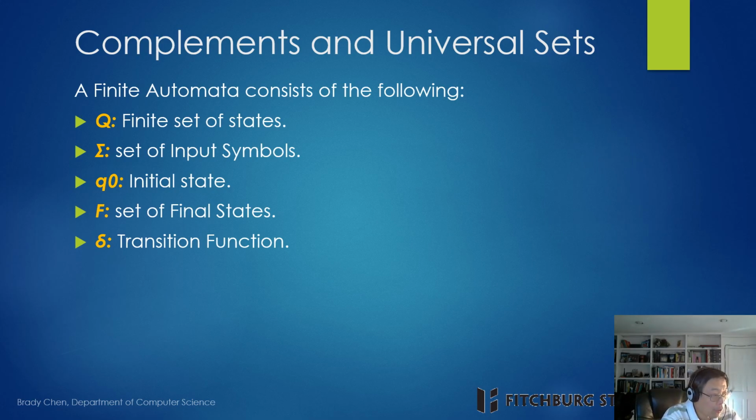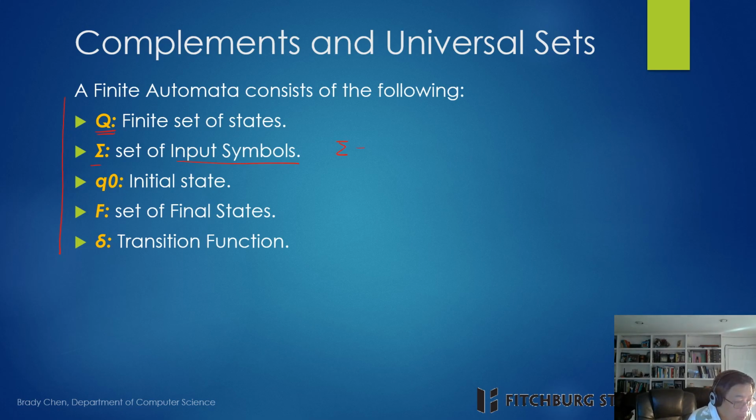a finite automata. So a finite automata consists of the following 5 elements, we call it a 5 tuple. Okay. The first element is the set of states. And this set of states must be finite. Okay. And then the second one is a set of input symbols.